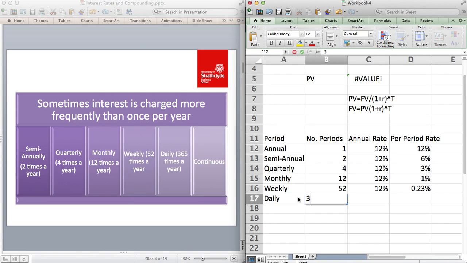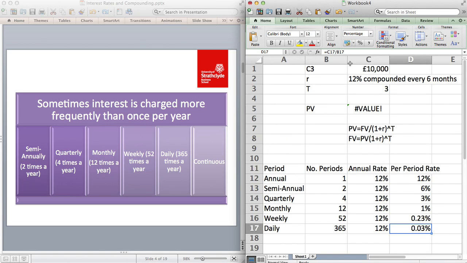Daily is 365 periods, 12%, and you can see it actually copied down, so it's 0.03%.